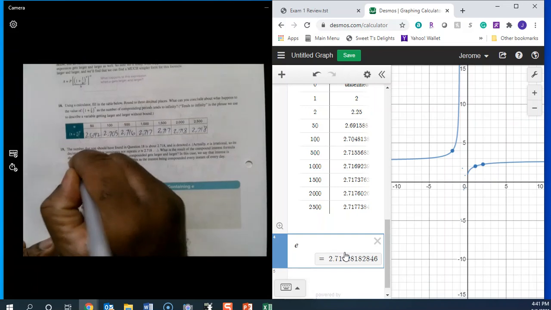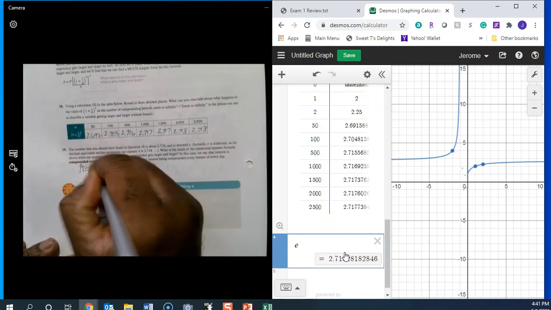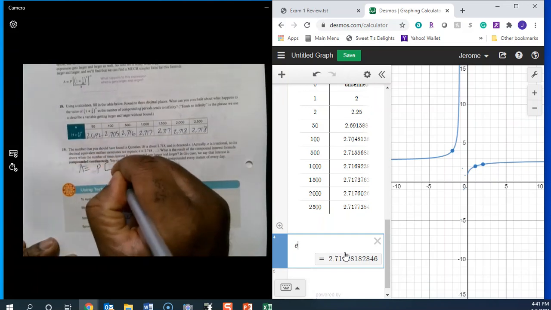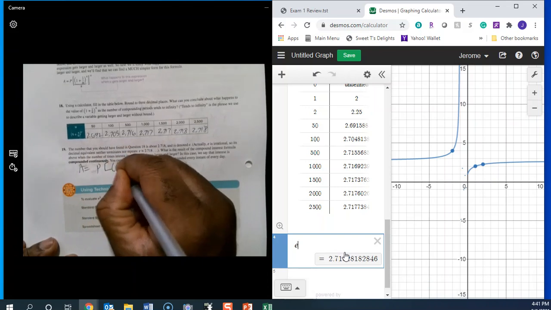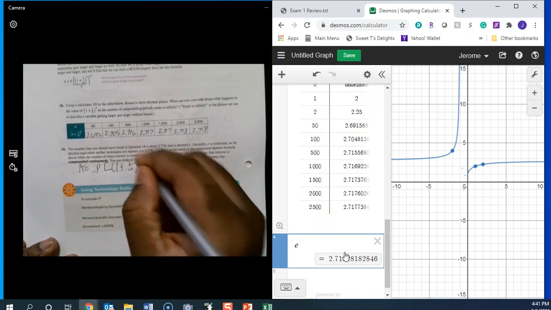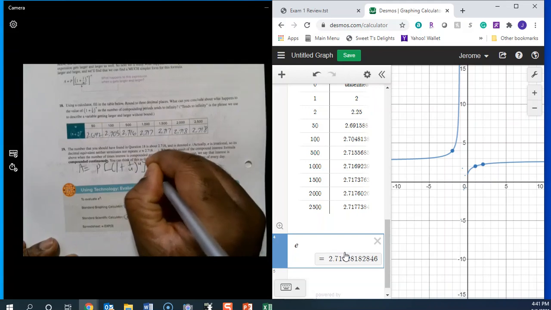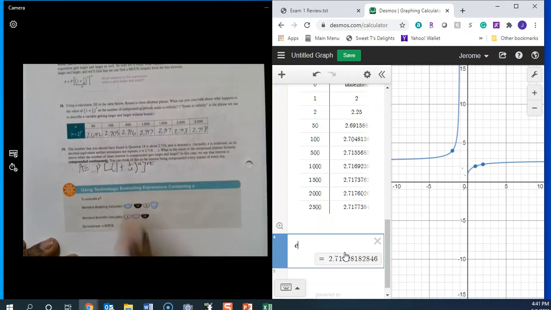Okay, so if you look at this, the formula is A is equal to P, parenthesis, 1 plus 1 over U, to the U, to the RT.